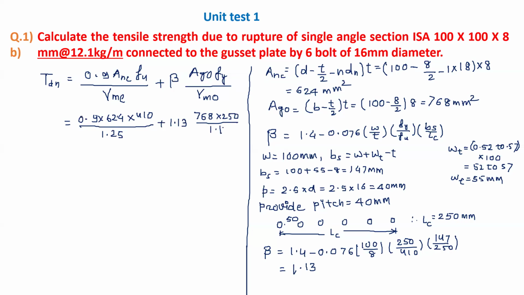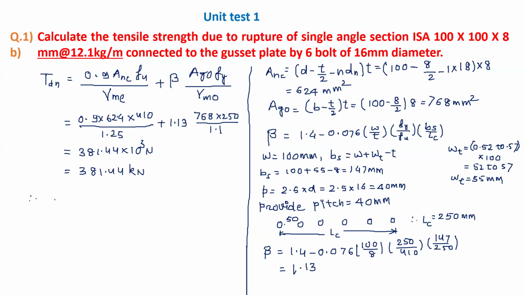And if you calculate, I got this value 381.44 into 10 raised to 3 newtons, which is equal to 381.44 kilonewtons.